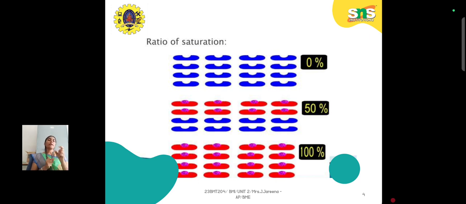So for example, if you have a normal value of 96 percent, it means in your blood 96 percent of the hemoglobin is bound with oxygen, and the remaining 4 percent is left as hemoglobin without oxygen, that is the deoxyhemoglobin.